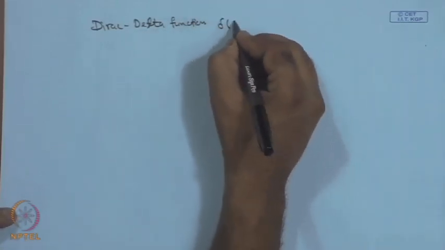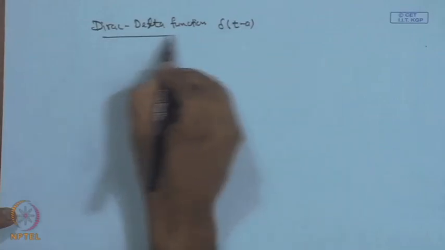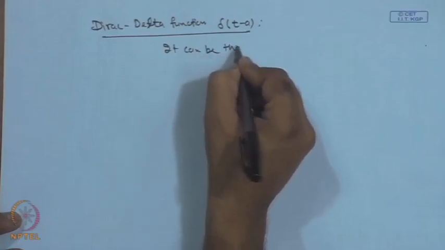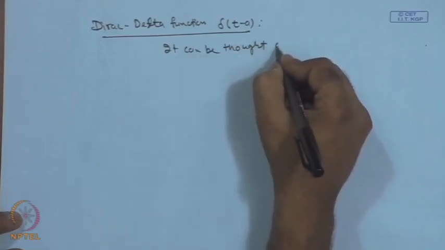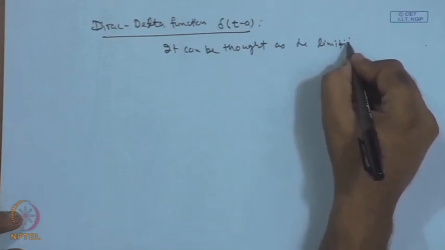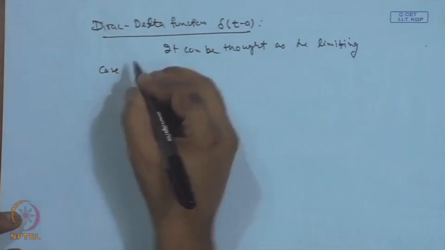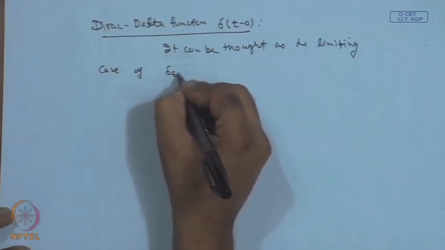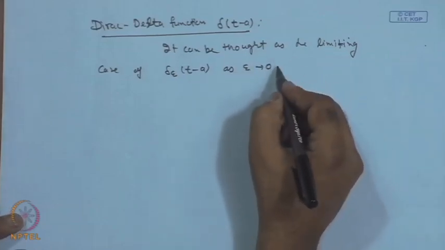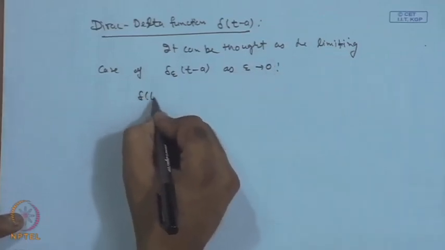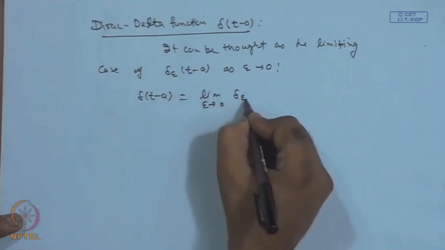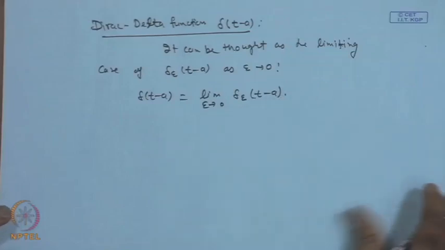It is denoted by delta (t minus a), and it can be thought basically as the limiting case of delta epsilon (t minus a) as epsilon approaches 0. So, we define delta (t minus a) as the limit as epsilon goes to 0 of delta epsilon (t minus a).